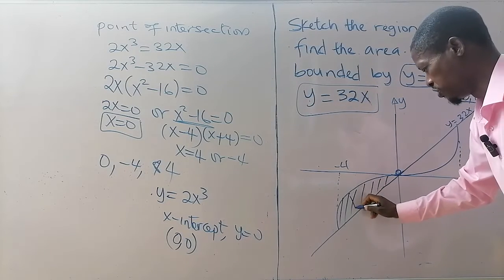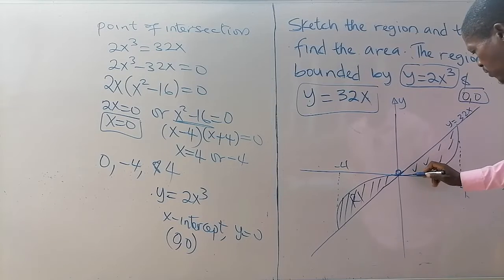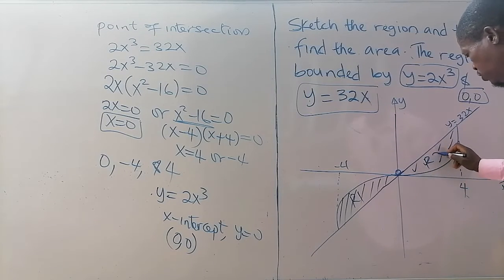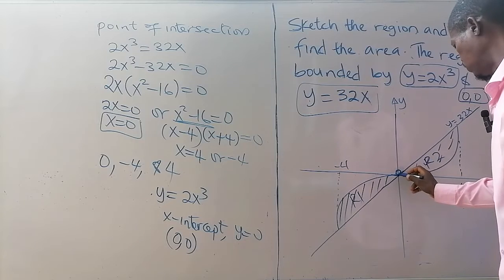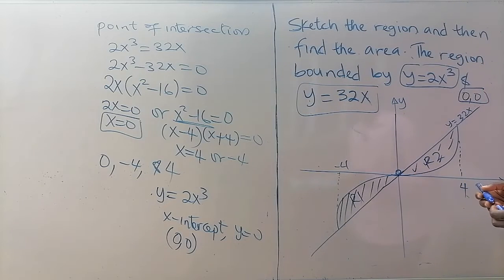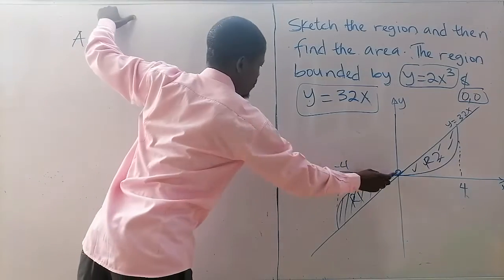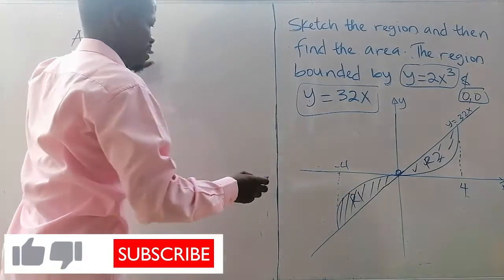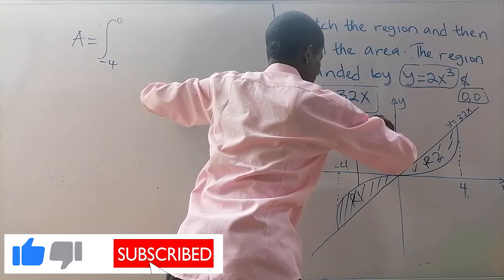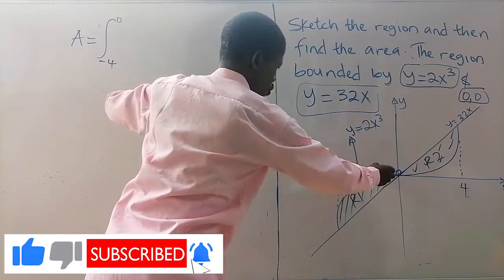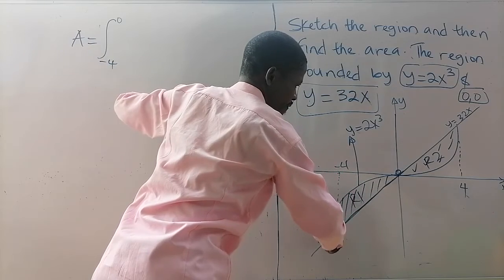For the sketch of this graph, we can call this one region 1. We can indicate this place also as region 2. Region 1 is from 0 to minus 4, and this one is from 0 to 4. So the area from minus 4 to 0 has the equation y equals 2x cubed, which is on top of the linear graph.